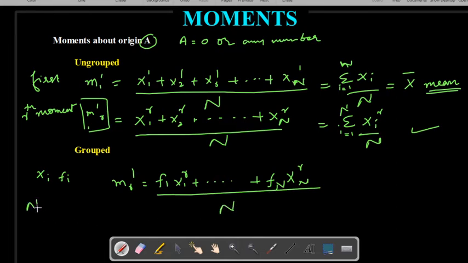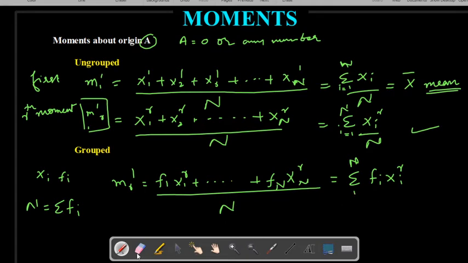Here capital N is not just the count, that is summation fi, that is the whole frequency you are taking to find N. So this is equal to summation fi xi raised to r, i equal to 1 to small n.